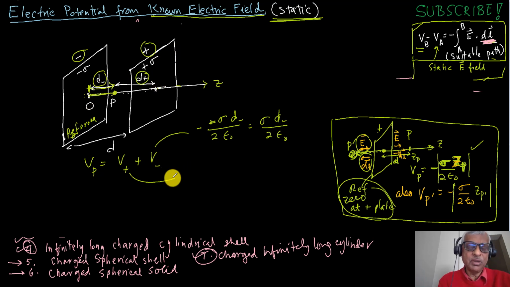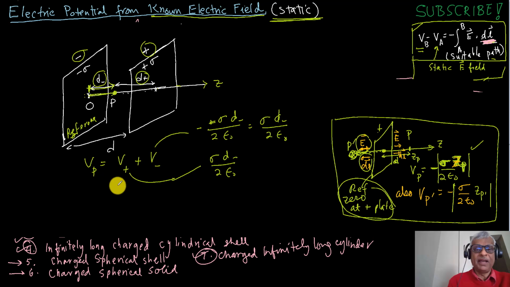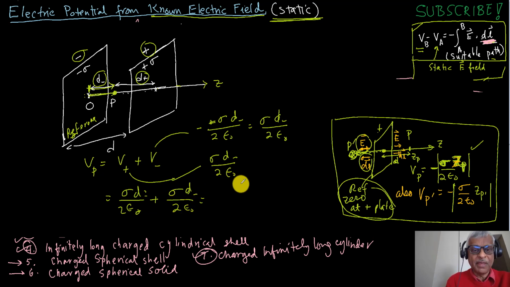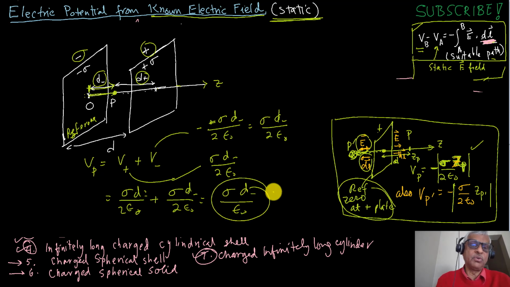So this will also be sigma d minus over 2 epsilon naught. And so you have sigma d minus over epsilon naught. That's the answer for the potential at this point.